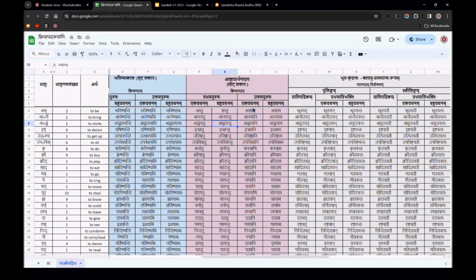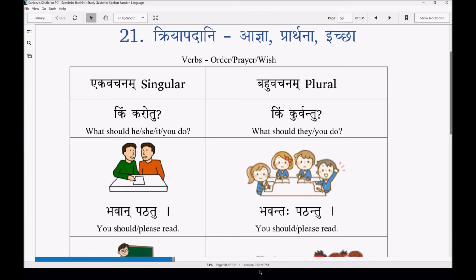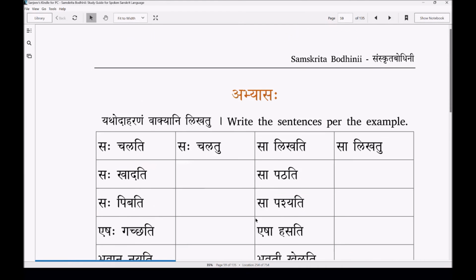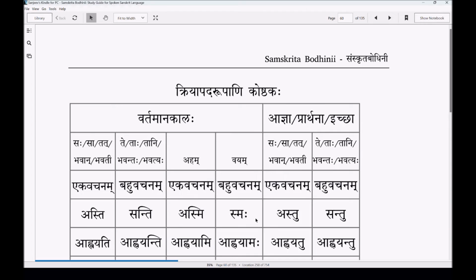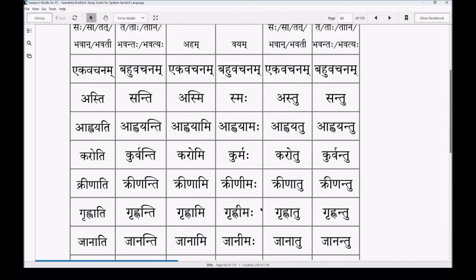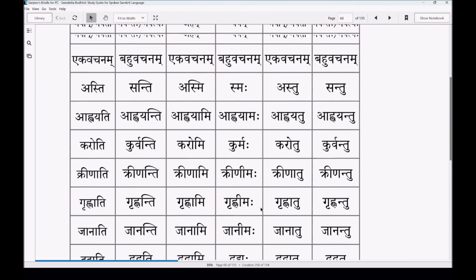Then the Uttama Purusha form also can be used in the lot lakara or ajna prarthana. So here the forms are not given, but the table is given here.